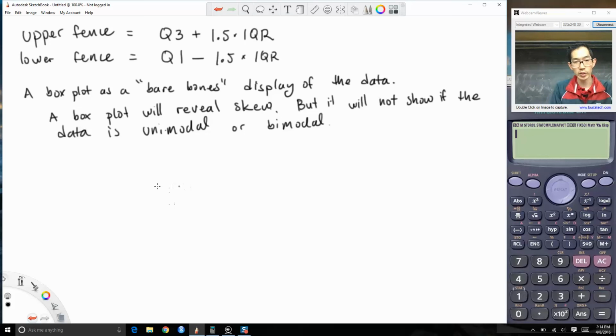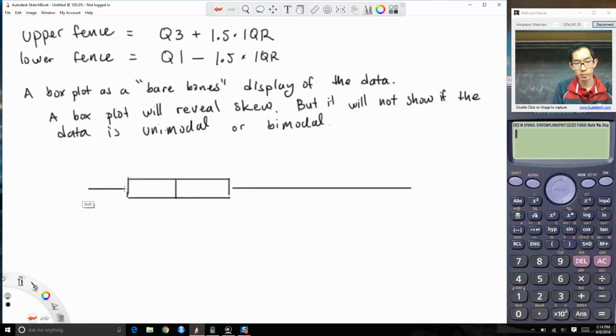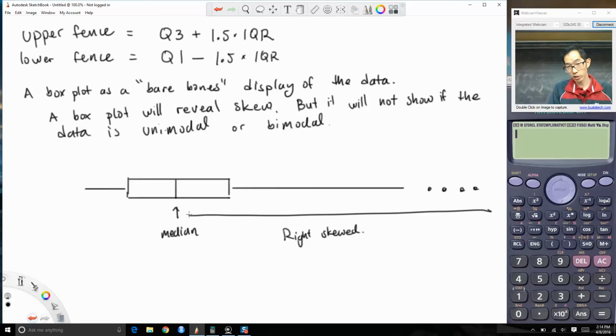If you have a box that looks like this, from this picture we can tell that this is right skewed, right? Here's the median, and we have extreme values in this direction.